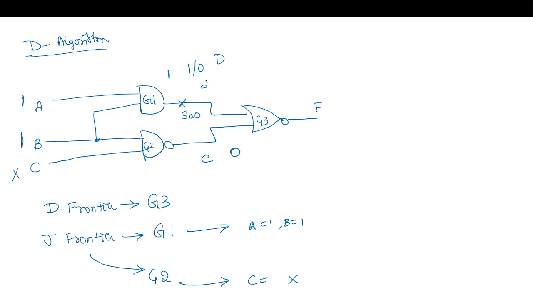So the required pattern is 1, 1, don't care. Because for an AND gate, if one of the inputs is 1, the output is going to be anyway 0. And for a NOR gate, non-controlling input is 0.